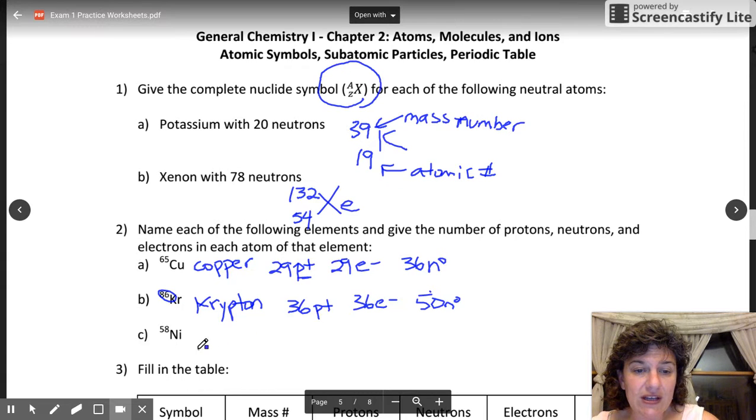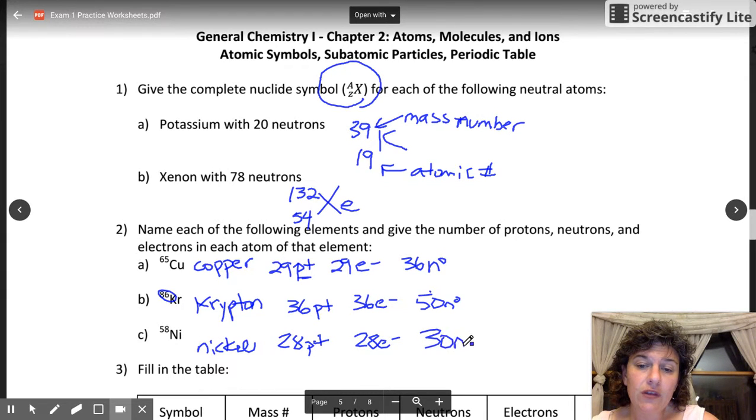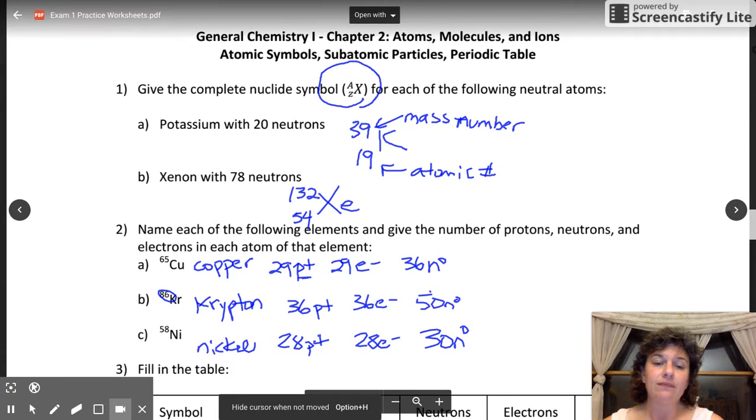Okay, and the last one is nickel. If we look at the periodic table, we see that nickel has 28 protons. I'm putting P plus. 28 electrons because they're neutral right here. 28 protons equals electrons. And then our 58 minus our 28 equals 30 neutrons. Okay, so hopefully you're getting the hang of it.